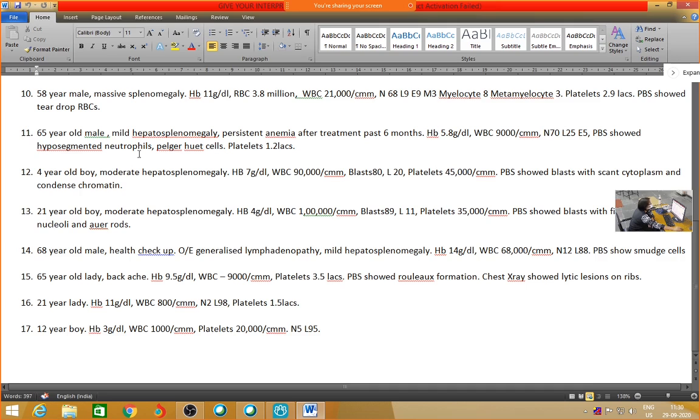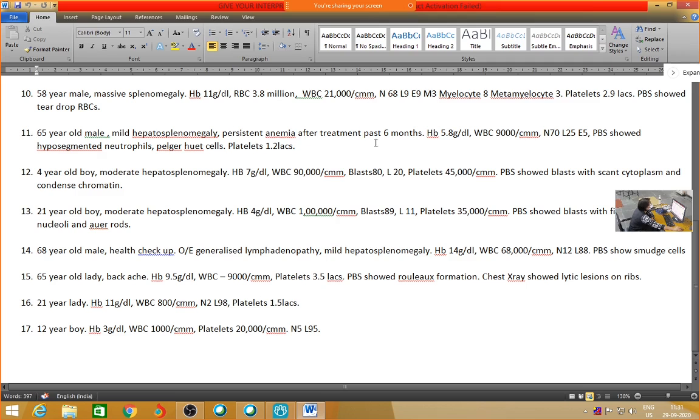The peripheral blood smear shows hyposegmented neutrophils, Pelger-Huet cells, and platelets are 1.2 lakhs. So when you look at this, first thing you should notice is it's an older gentleman, 65-year-old, and he has got organomegaly, definitely pathological, and the anemia has been there past 6 months. Despite being treated with hematinics, his anemia is not responding.